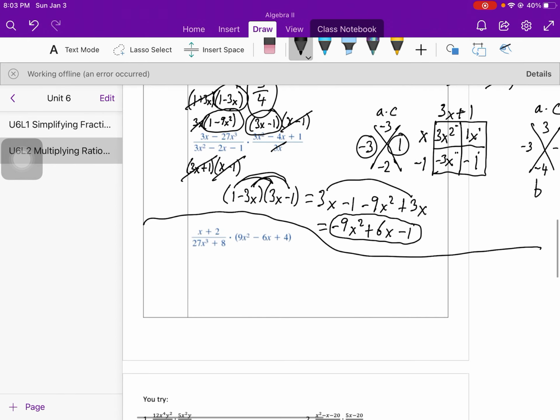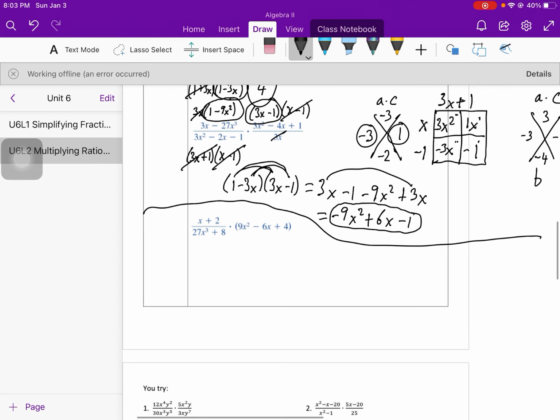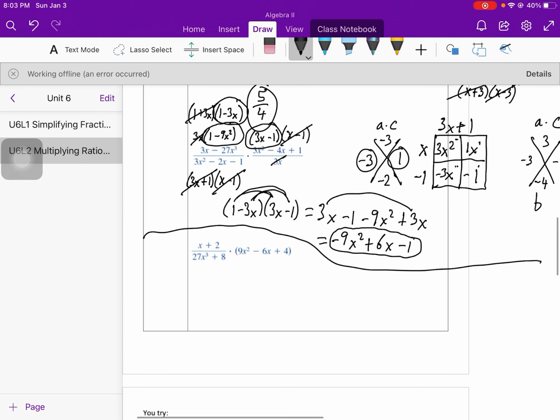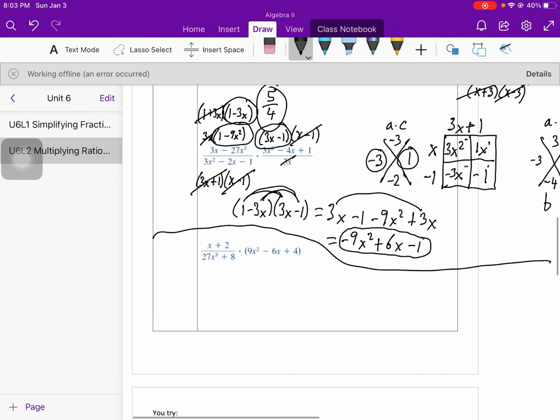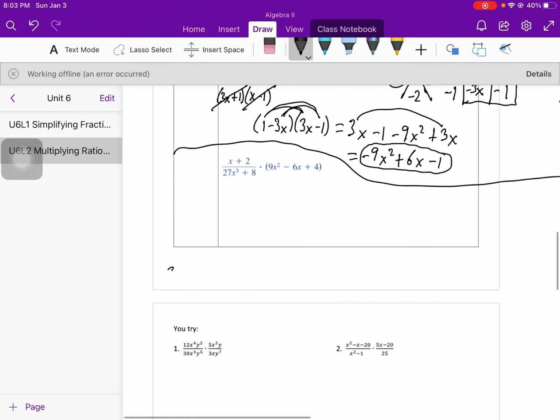All right, next one here, x plus 2 over 2x cubed plus 8 times 9x squared minus 6x plus 4. This one, what we have to remember is x plus 2, that's fine as it is. This part here is going to be that a cubed plus b cubed, which is a special pattern. If you remember that pattern, I'm going to write it down here.